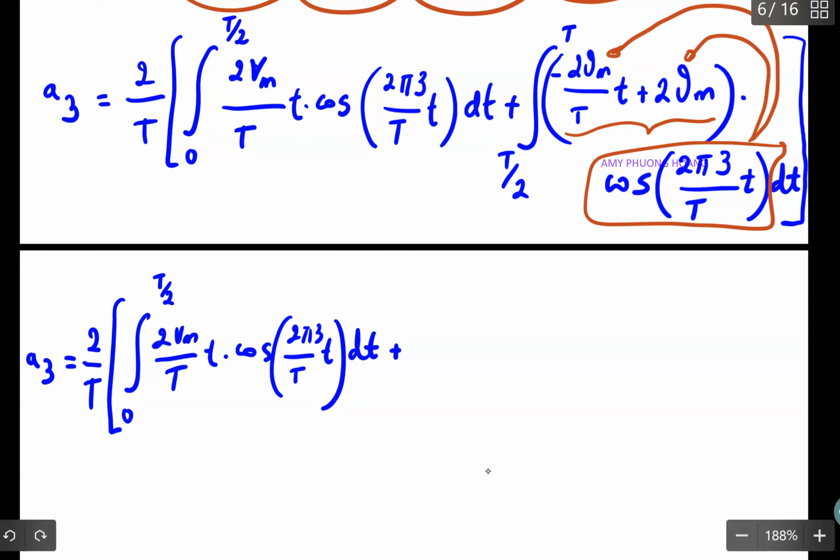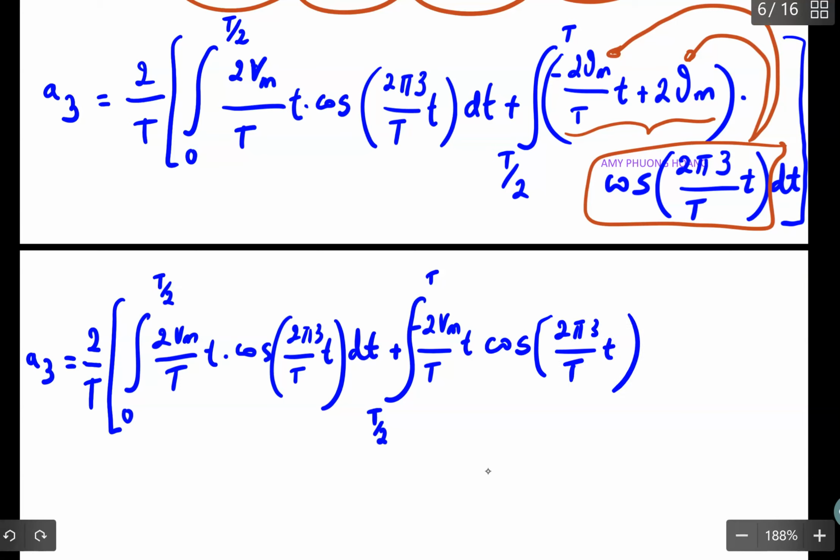Now I'm going to multiply, and as I multiply, I'm going to break this into two integrals as well. Right here I should have the integral from T over 2 to T, and this will be minus 2Vmax over T times t, multiplied with cos of 2 pi 3 over T t, dt.